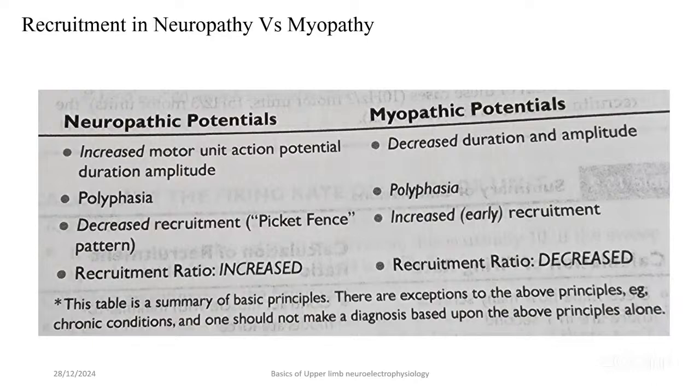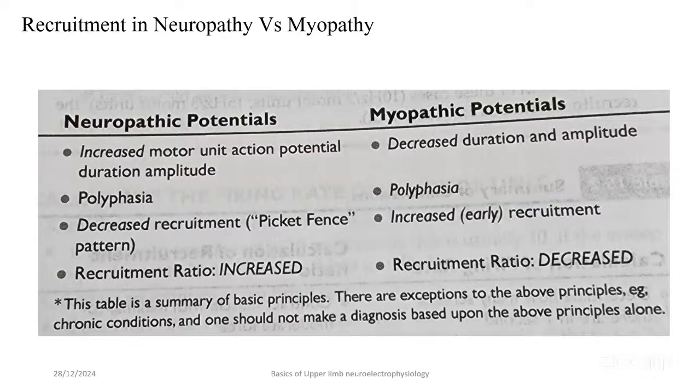I think we'll stop here at this stage and continue in the next class. We have completed the EMG. Next class we'll be talking about the upper limbs and lower limbs, lumbosacral plexus and brachial plexus in detail. I think we had a good discussion about the basics of EMG, and all the students are requested to do the EMG and interpret.